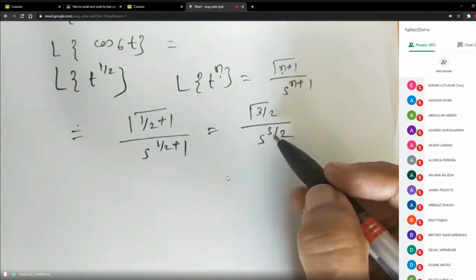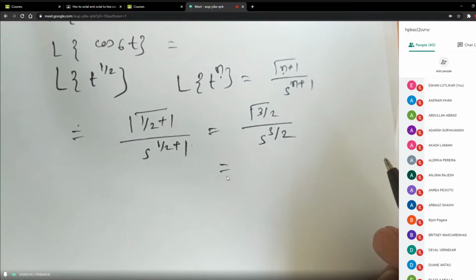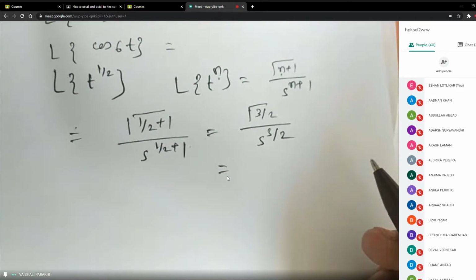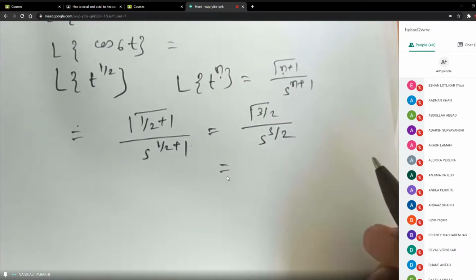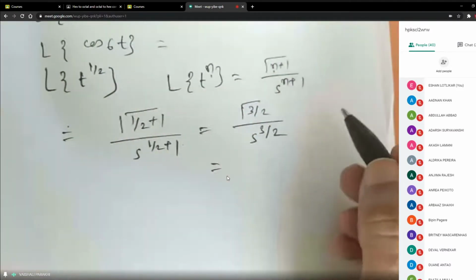Now don't keep gamma of 3 by 2 as it is. Can you tell me what is gamma of 3 by 2, students? Do you remember how you write gamma of 3 by 2? What is the reduction formula?